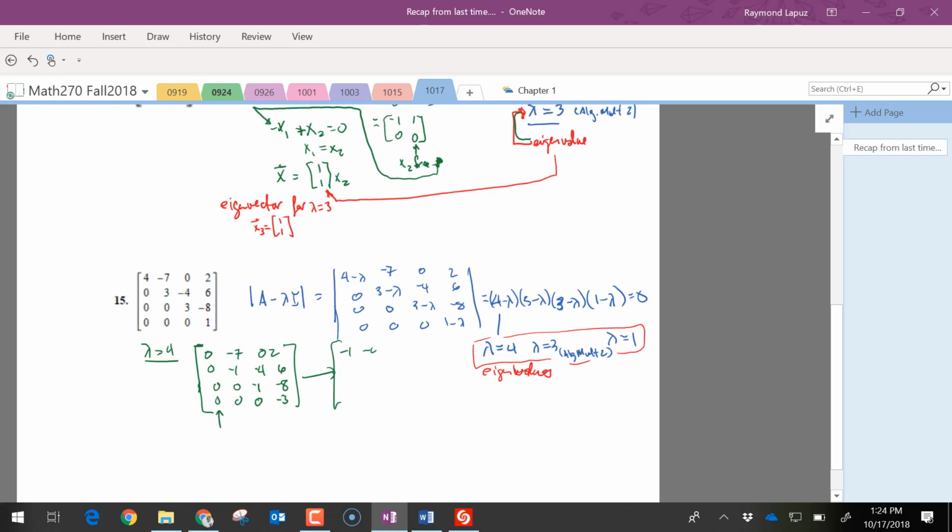Minus 1, minus 4. Oops, let's put the 0 in. 0, minus 1, minus 4, and 6. 0, minus 7, 0, 2. 0, 0, minus 1, minus 8. 0, 0, 0, minus 3. So I did the row switch.